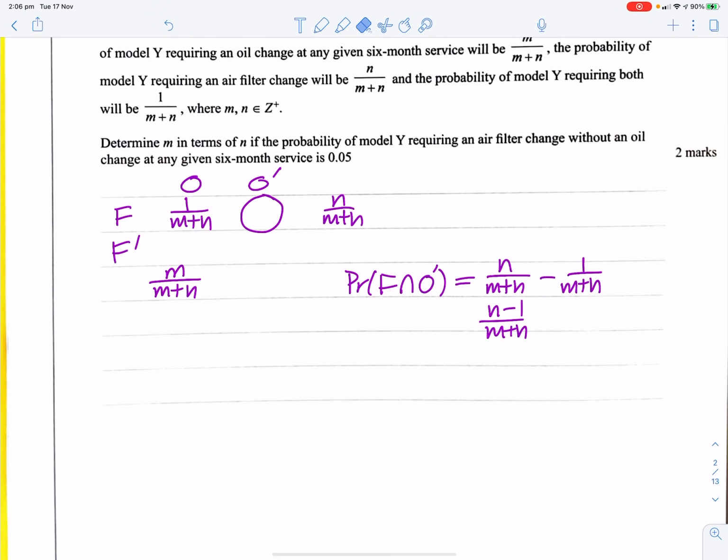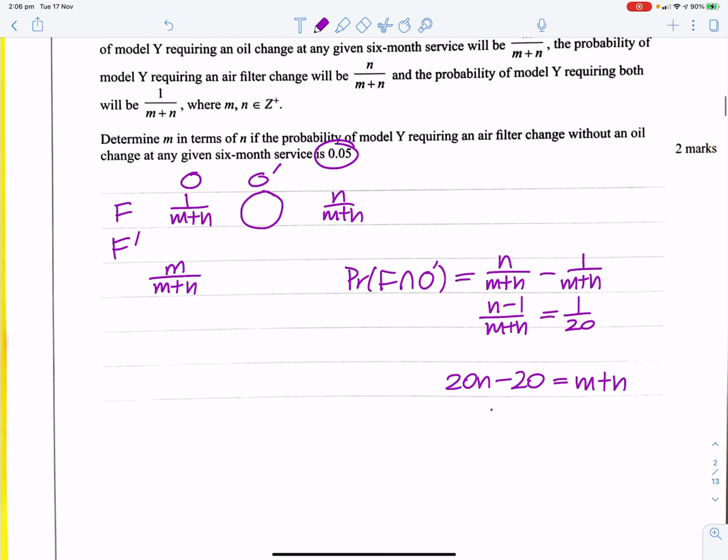We know that that has to equal 1 on 20, 0.05. So we get 20n minus 20 is equal to m plus n. We want to get m in terms of n, so if we bring the n to the other side, we get m is 19n minus 20.